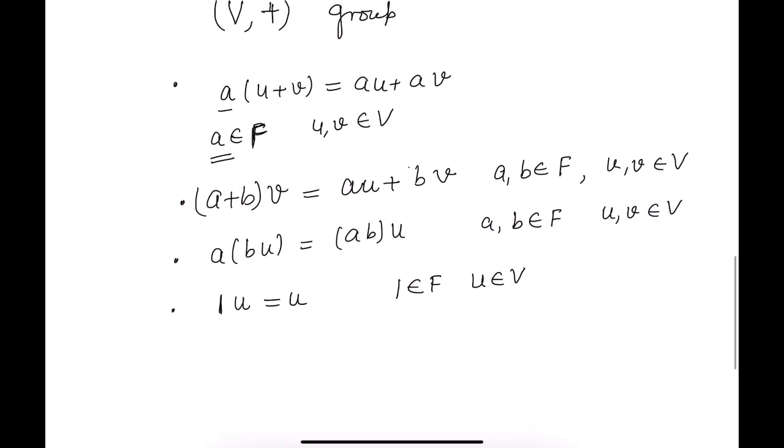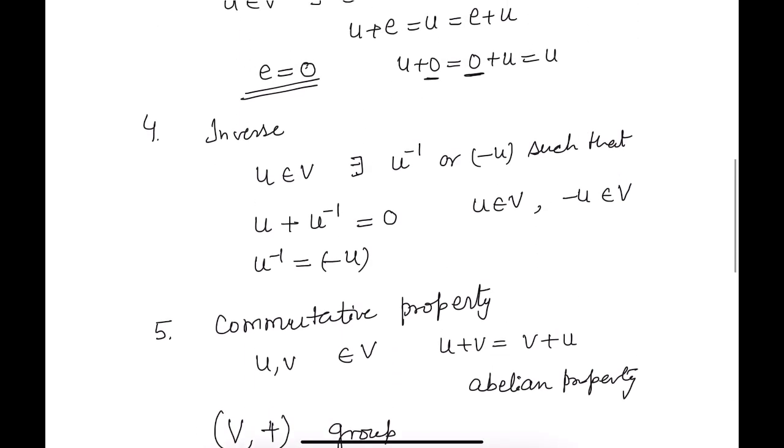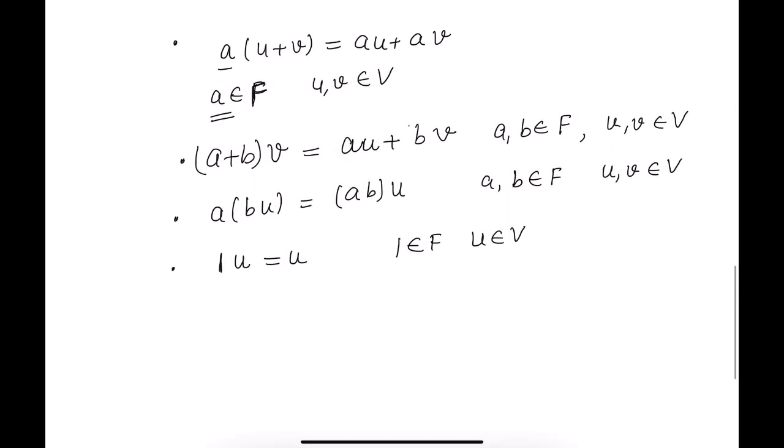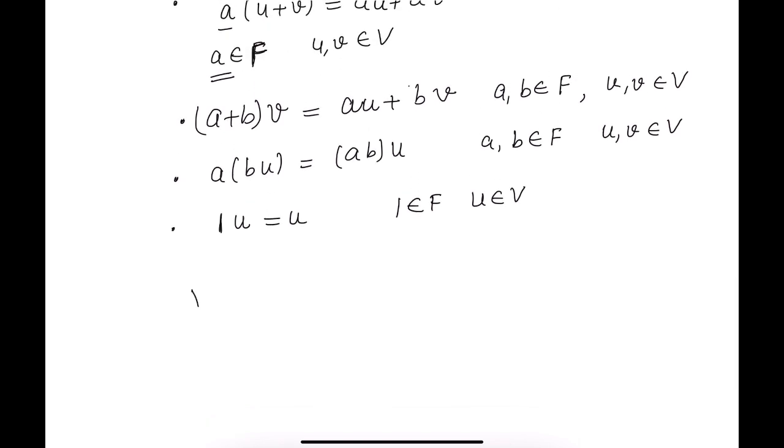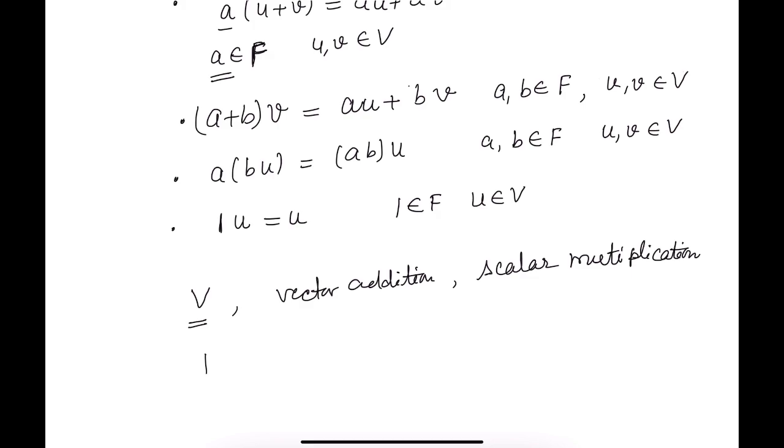So with these 4 properties here and the 5 properties of the group structure of V, what do we have? V is a non-empty set. So this non-empty set V with two operations, first vector addition and second scalar multiplication, forms a vector space V. Elements of V are called vectors and the members of field F are called scalars.